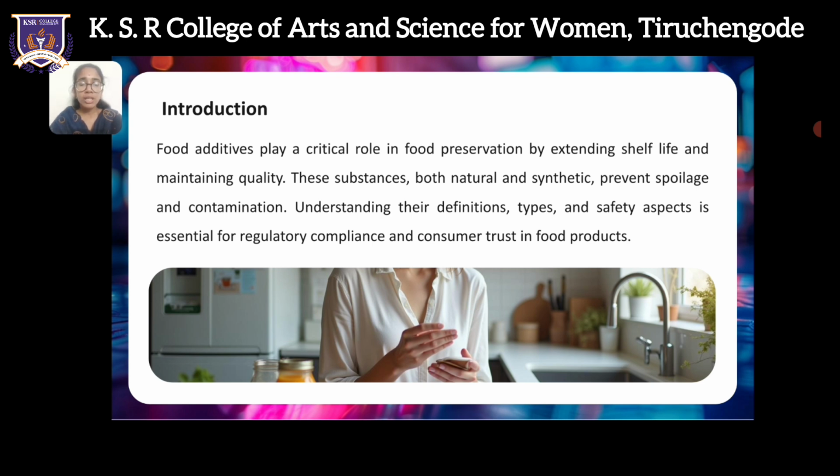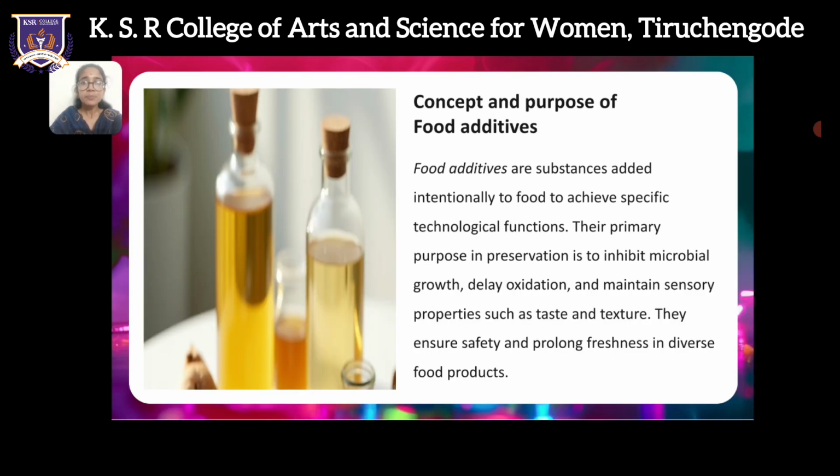Understanding the roles, definitions, types and safety aspects of food additives, we have to use the additives in the food products. Then, what is the concept and purpose of food additives? First, the concept: food additives are substances added intentionally to food to achieve specific technological functions. It is added intentionally, not unintentionally.